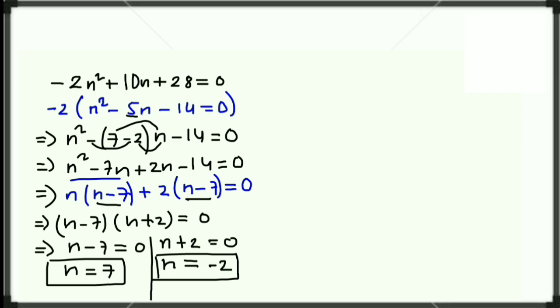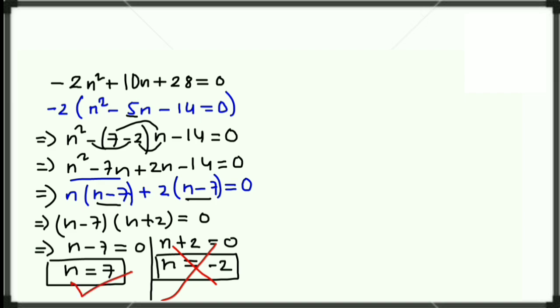In this way, here we have obtained two values of n. But students, as we know, in an AP, the number of terms can never be negative. So here, our answer, that is, number of terms is 7.